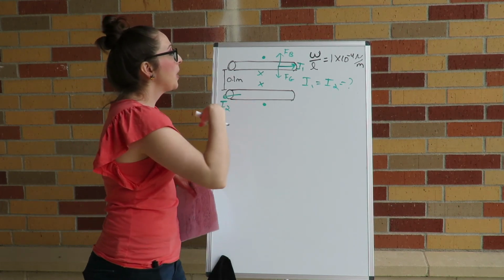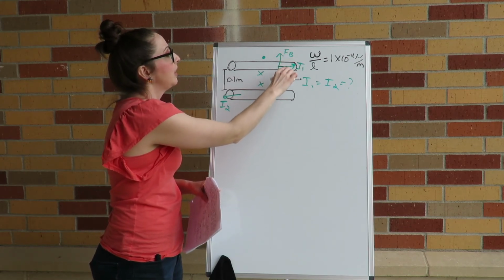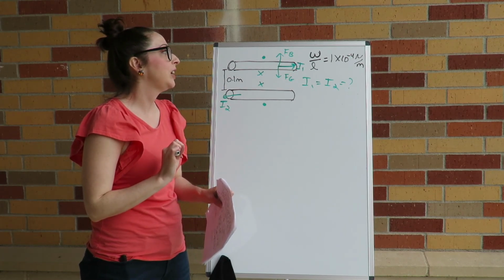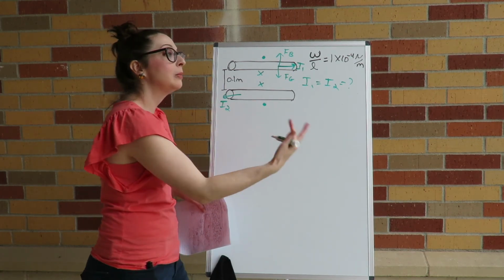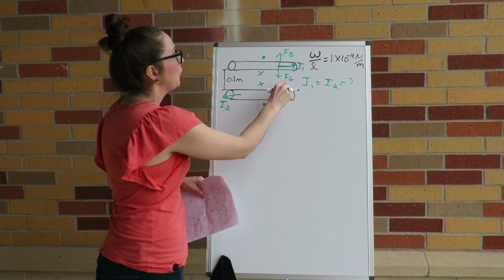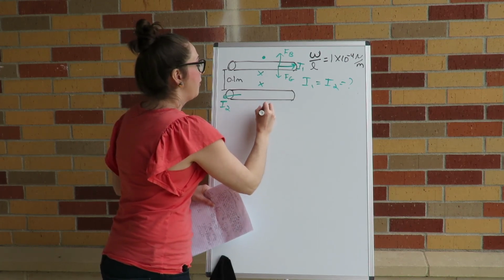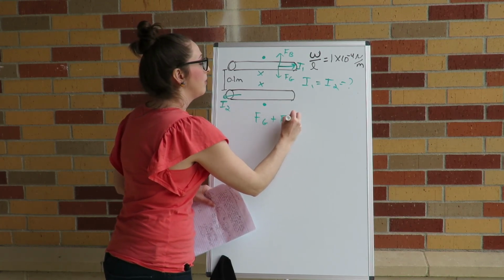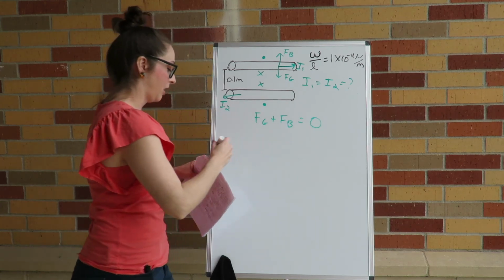Okay, so we were given the fact that the sum of the magnetic force plus the gravitational force has to equal 0 here. So the sum of our forces equals 0. We're in equilibrium. So we've got Fg plus Fb has to equal 0.